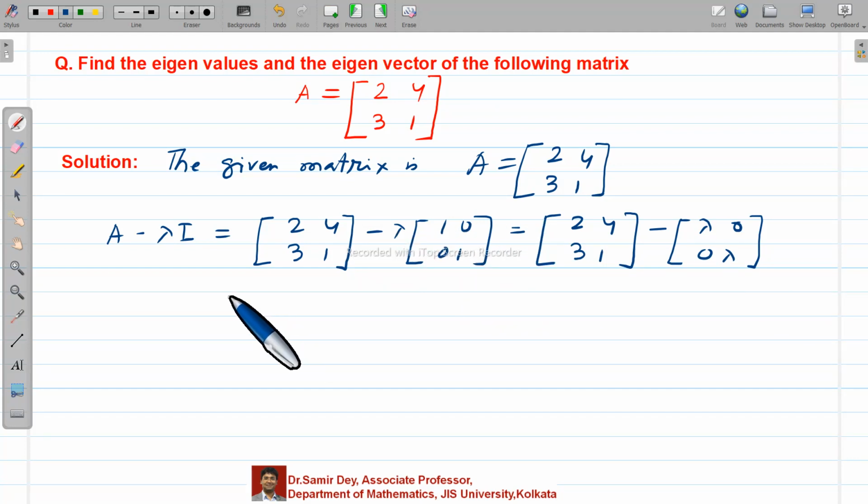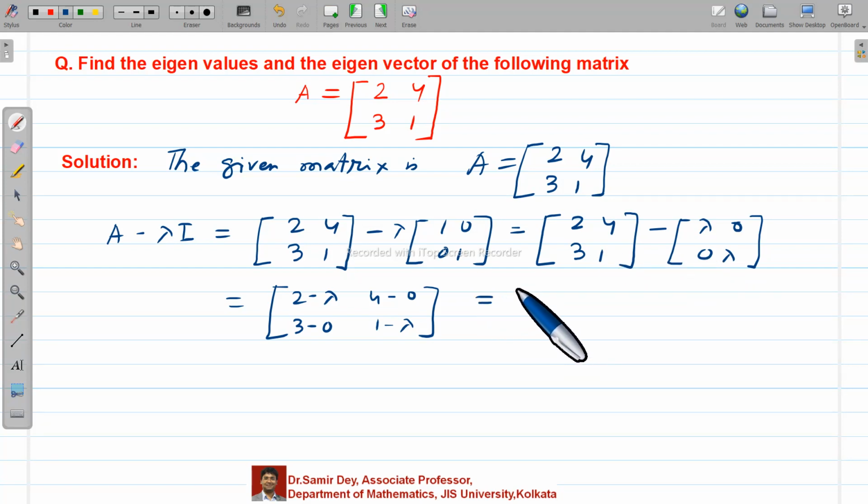That's it. Now you simplify it. That is coming 2 minus lambda, 4 minus 0, 3 minus 0, and 1 minus lambda. Clear? So ultimately we have [2 minus lambda, 4; 3, 1 minus lambda].